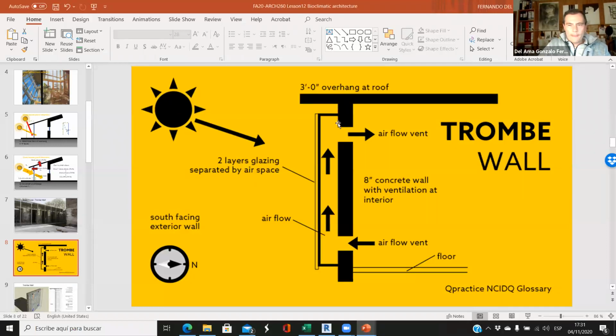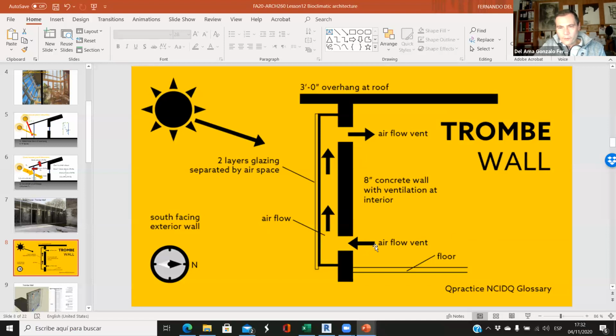So we need a wall, and we need this glass attached to the wall, and then we have this air chamber. Of course, if it's south oriented and there's plenty of sun, the sun heats up this air, and it works because it's natural. We don't need to force the air. So the cold air will go down naturally. Then we have this ventilation, this small opening.